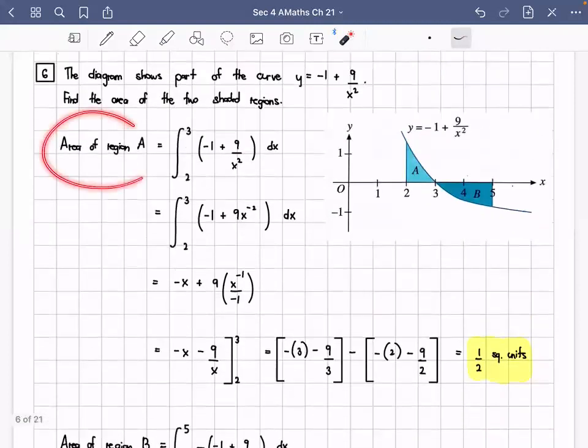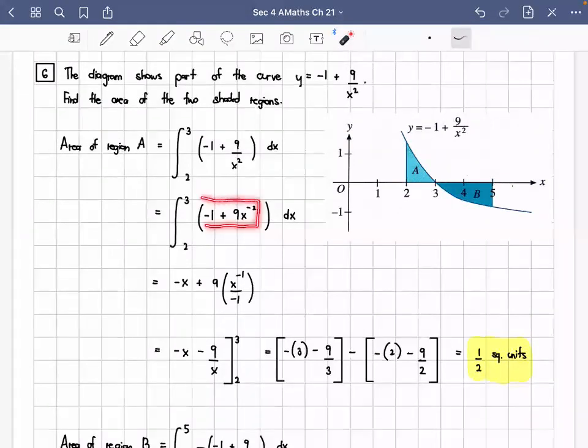Let's have the area of region A. We got here the equation -1 plus 9 over x squared from 3 to 2, bounded by these limits. Rewriting this, I get -1 plus 9 x raised to -2.